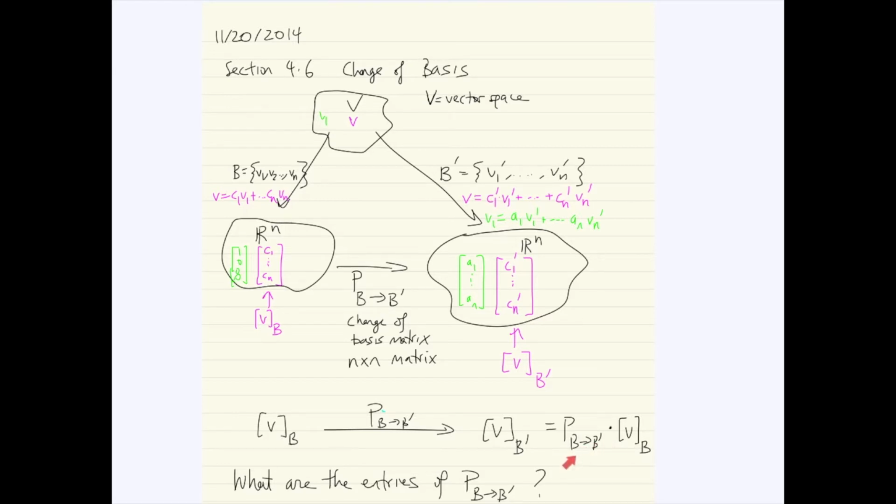And so therefore, this thing here, expressing v1, the first vector in our basis, as the linear combination of the new basis, is going to be the first column of this matrix P that we're trying to find.